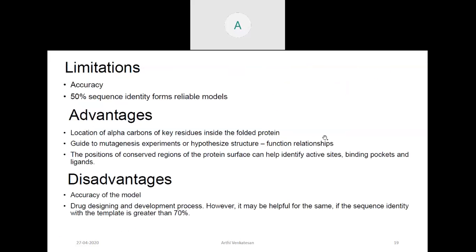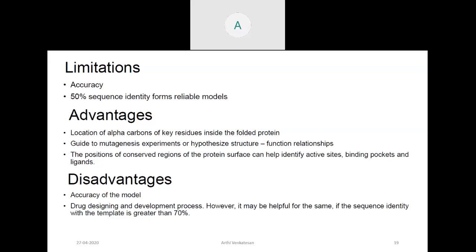So limitations, advantages and disadvantages. What is the limitation? Accuracy, and the second thing is that 50% sequence identity forms reliable models. Advantages: the location of alpha carbons of key residues inside the folded protein, which can guide mutagenic experiments, and you can hypothesize the structure and read about the function of the entire protein in detail.